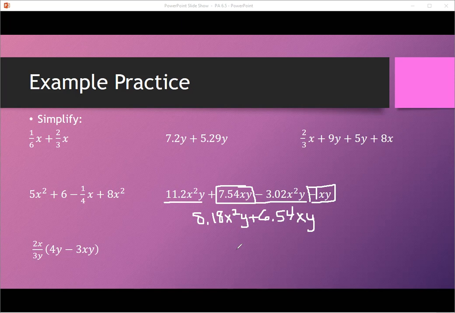Okay, the last one's a little bit tricky here. Let me first tell you one easy way to set up this problem. If I'm multiplying a fraction times a whole number, it may be easier to turn this whole number into a fraction first and then multiply. The way that you do that is to put it over 1.